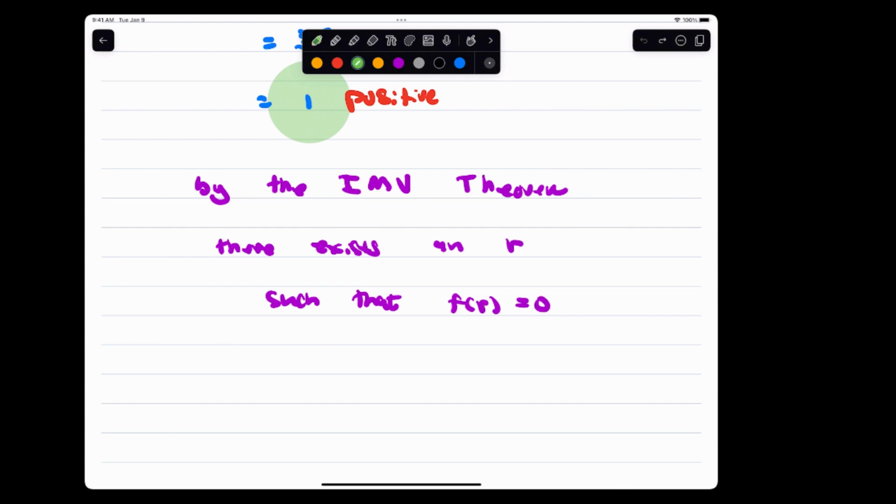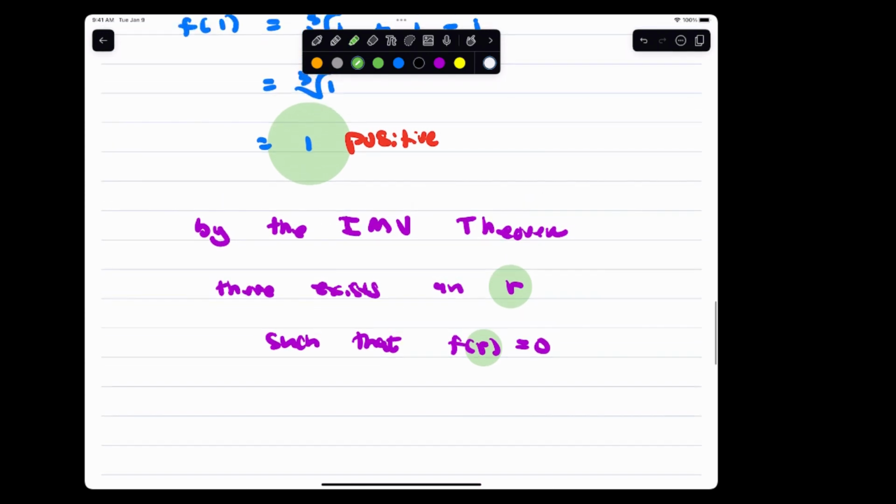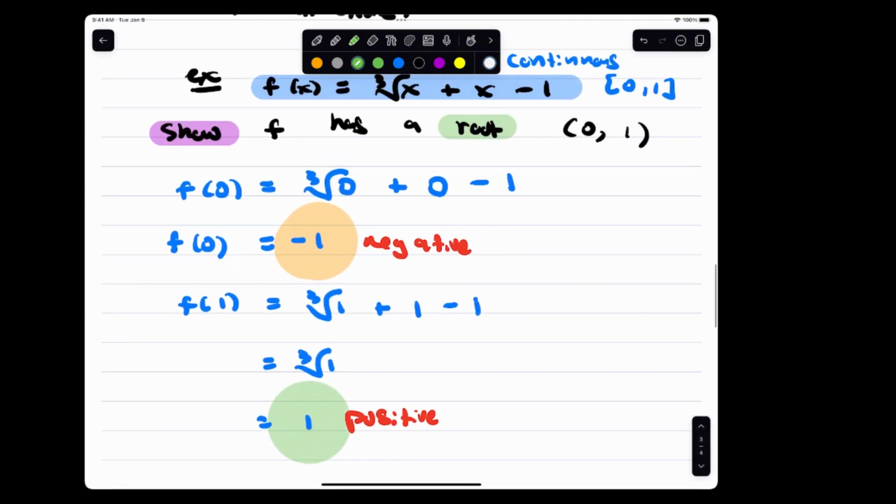That's what they want you to say. There exists a root R such that f of R equals 0. And you say, why? Because isn't 0 between -1 and 1? That's it.